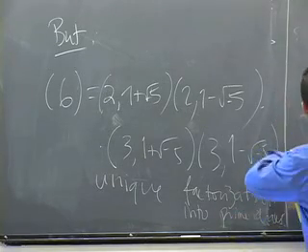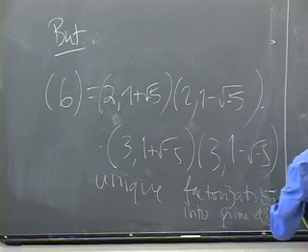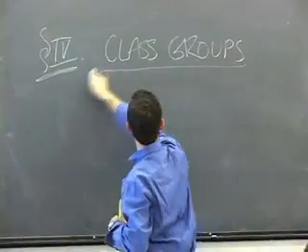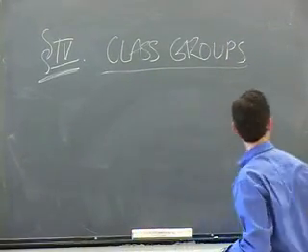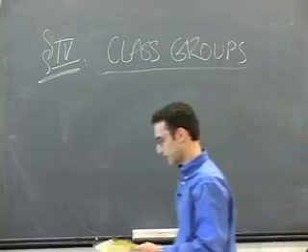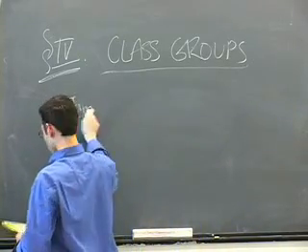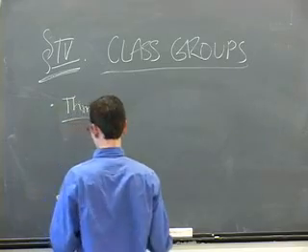So the final thing I want to talk about in preparation for Monday's lecture is class groups. These are things that you can attach to Dedekind domains. And they're very, very useful because they provide a response to the following result.